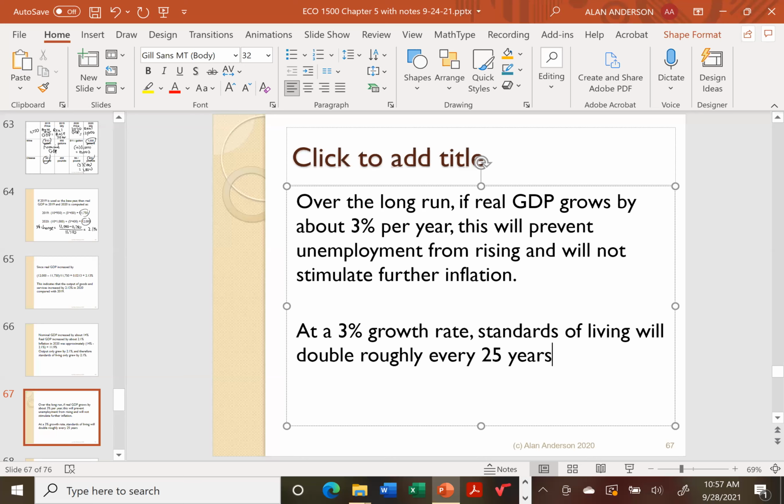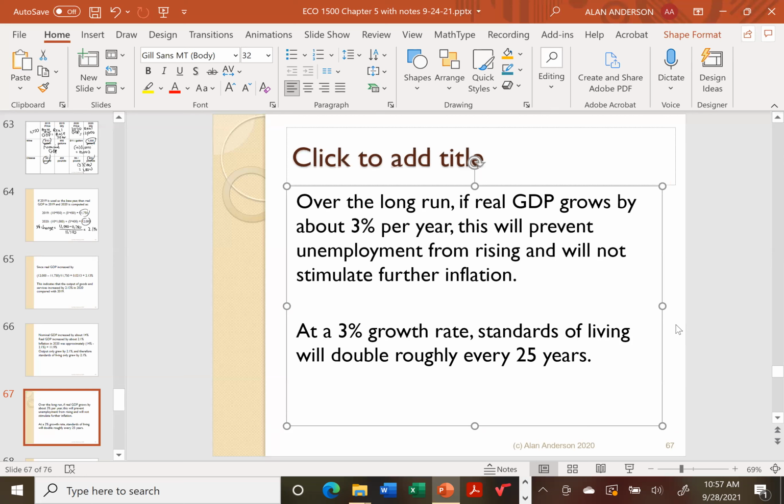That means every new generation that comes along, the economy is twice as big as it was for their parents. And so that actually is a very rapid growth rate. And so this is what we're hoping for. So now, of course, in the last year or two, our economic growth was grotesquely distorted by COVID.